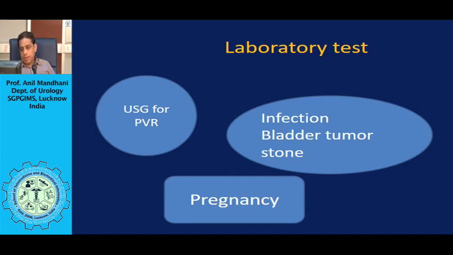Again, bladder stones of various sizes. The incidence of bladder stones is going down gradually. We don't see them a lot, but in elderly people with BPH or any outlet obstruction, or malnourished children, we do see bladder stones.